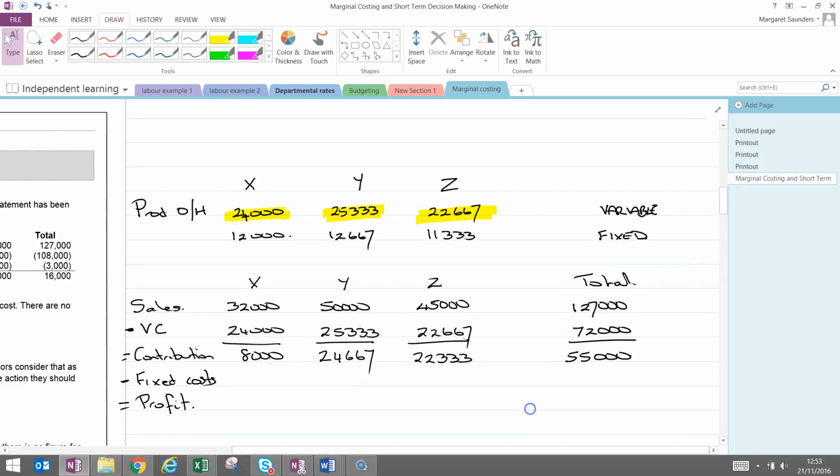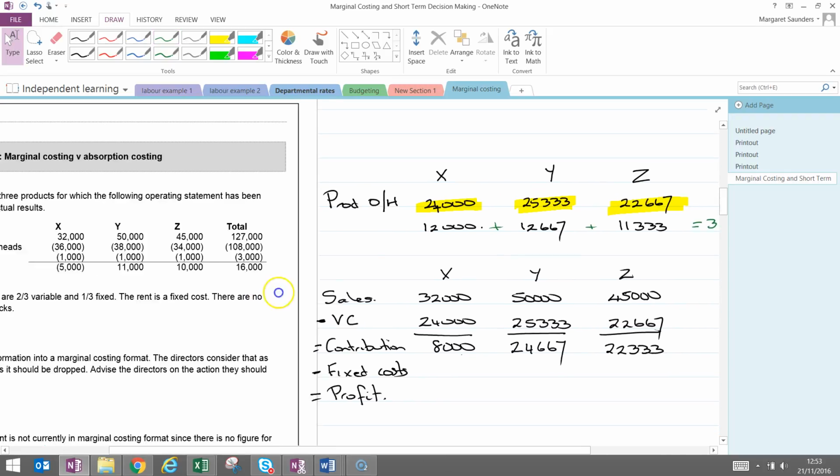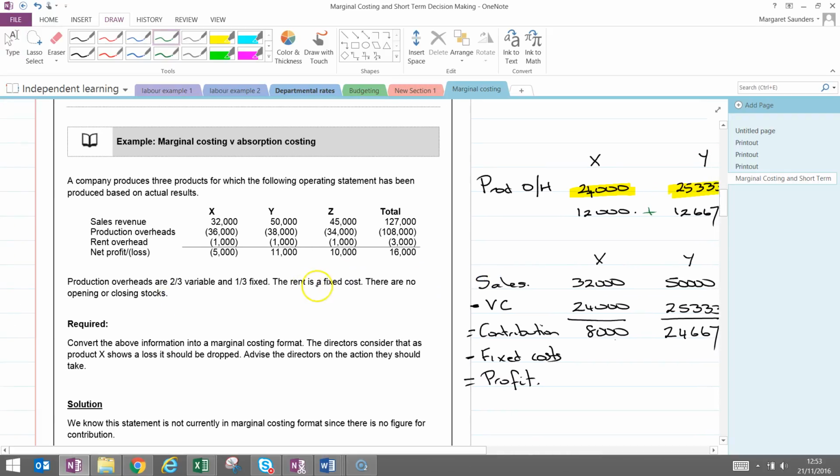So if we look back at our calculation with our production overheads, we had fixed costs of 12,000 plus 12,667 plus 11,333. So that adds up to £36,000. So we've just added those three figures together. Now we also have another fixed cost. Rent is a fixed cost.